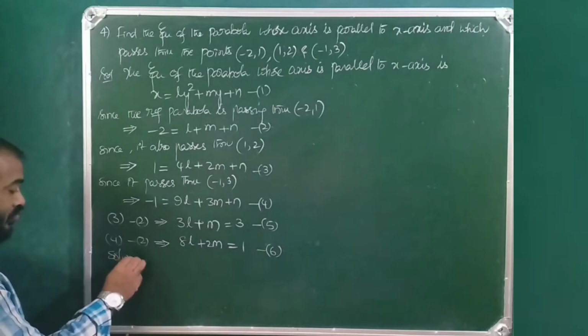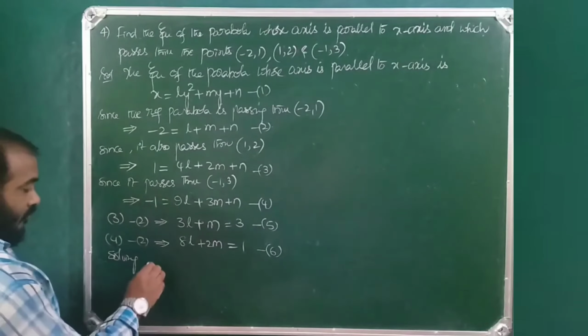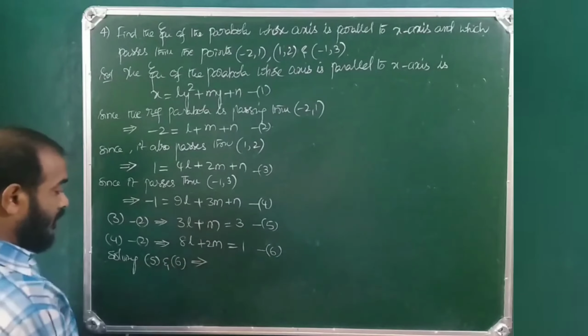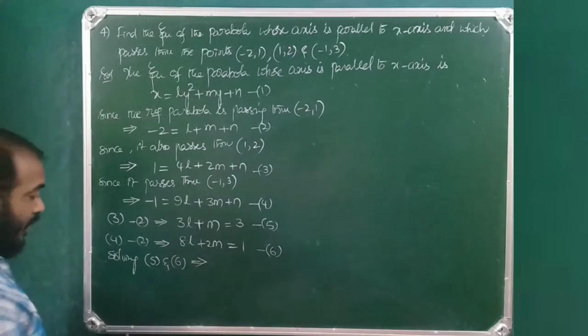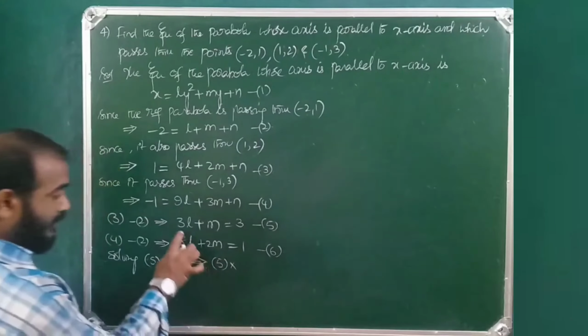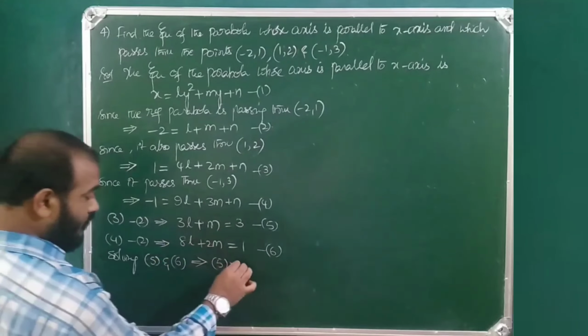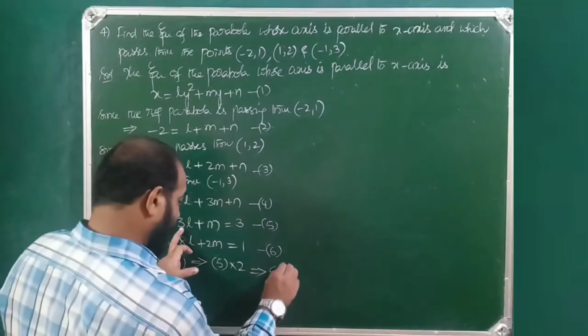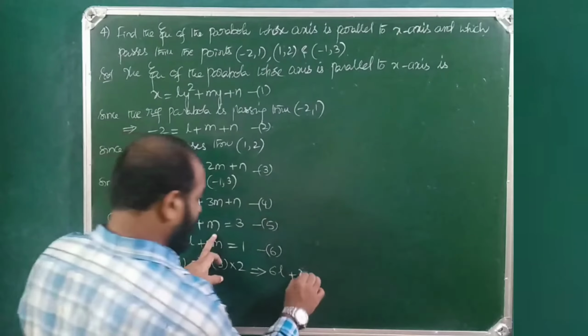Solving 5 and 6: the fifth equation I will multiply with 2. Then 2 3s are 6, 6L plus 2m.